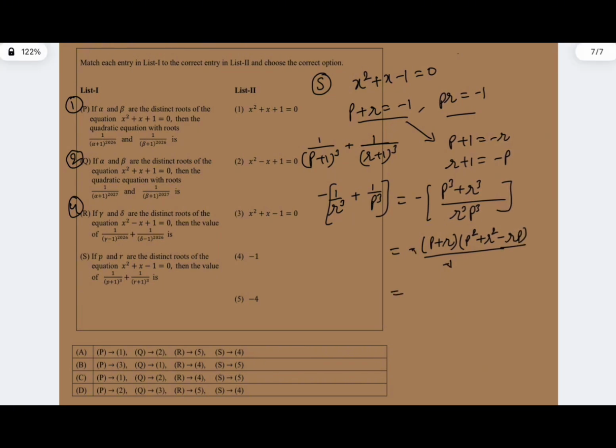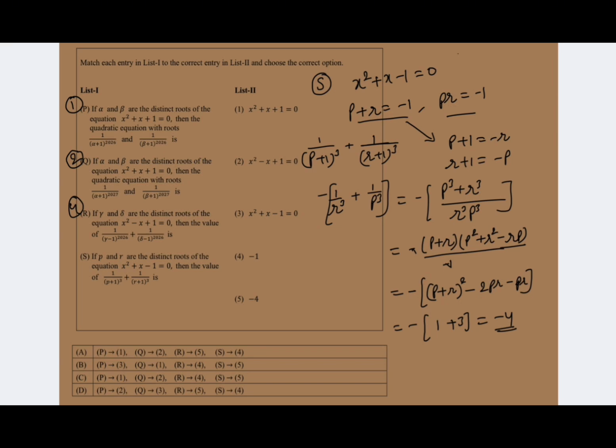This minus cancels out, and we already know p plus r is minus 1. So we have minus (p square plus r square), which equals (p plus r) whole square minus 2pr, minus pr. So we have (p plus r) square is 1 minus 3pr, and pr is minus 1, so we have plus 3. So ultimately we get this expression equals minus 4.